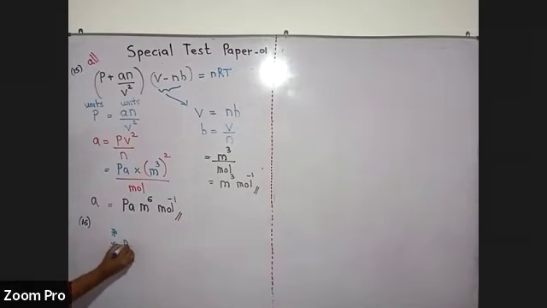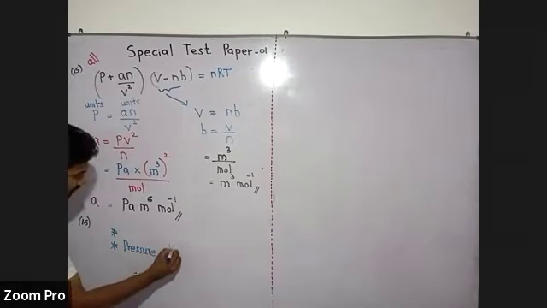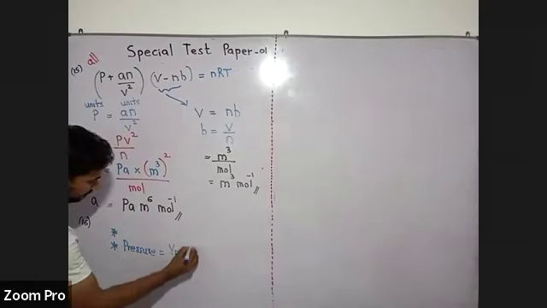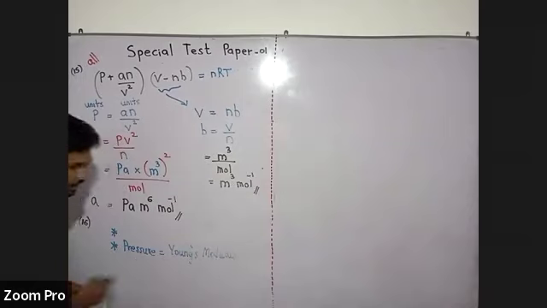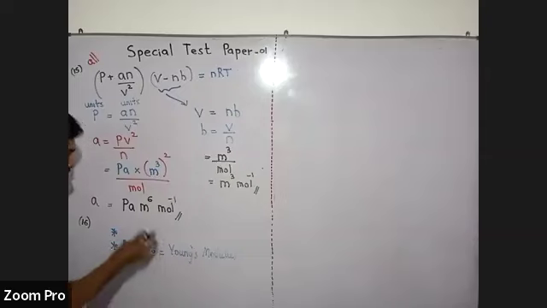The other one is pressure and Young's modulus, having the same dimensions and units. These are not the same physical quantities, even though their dimensions and units are equal.